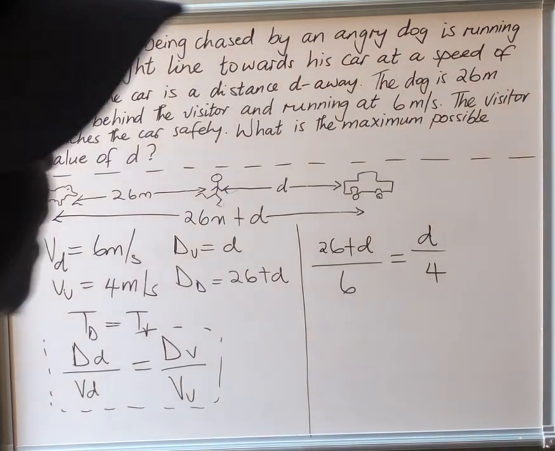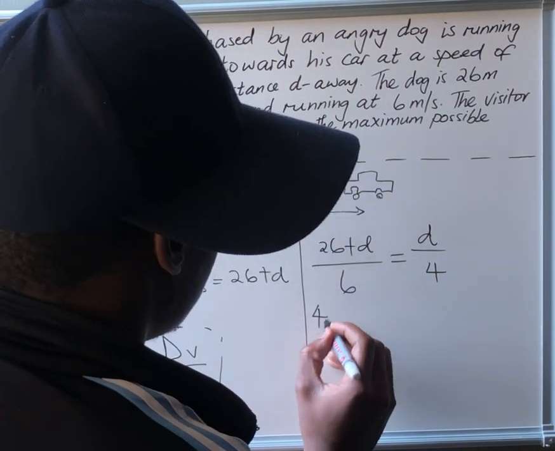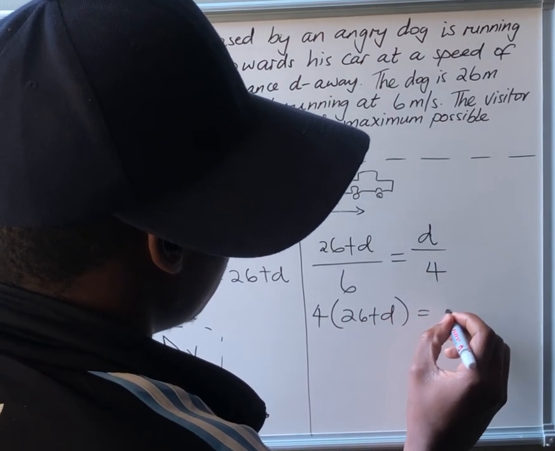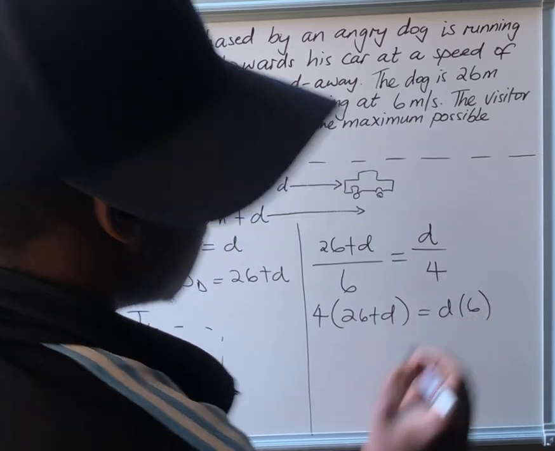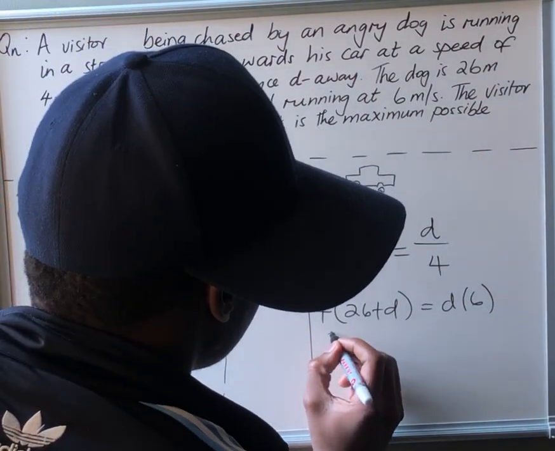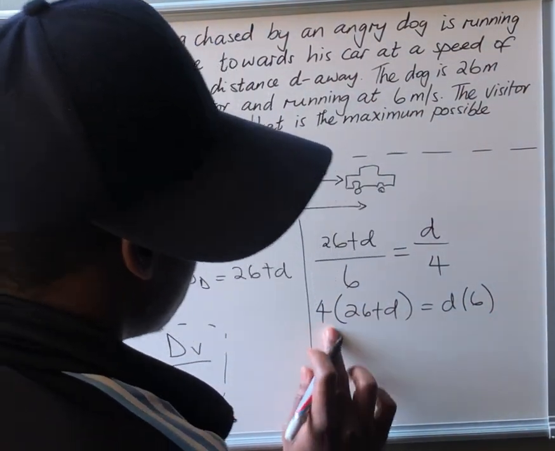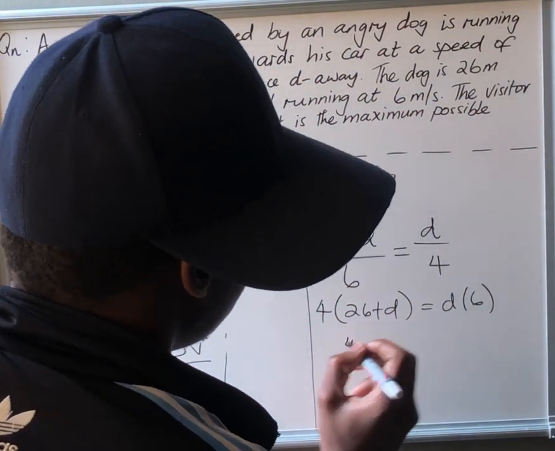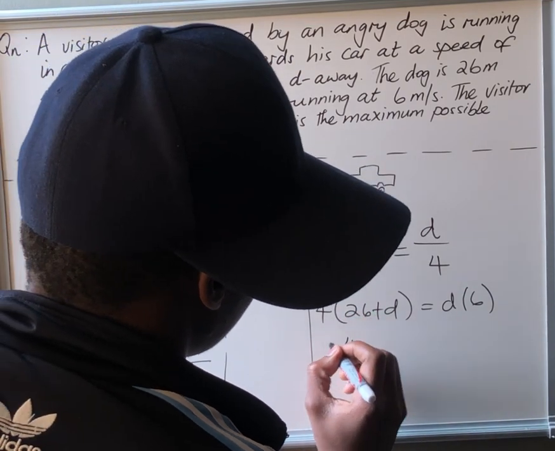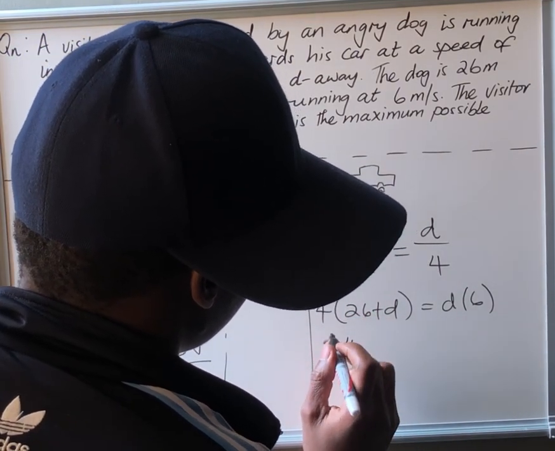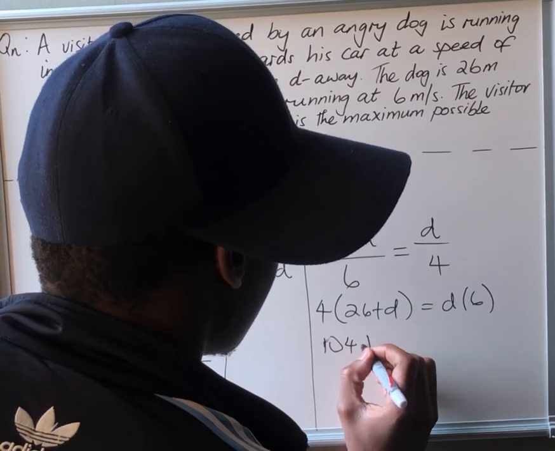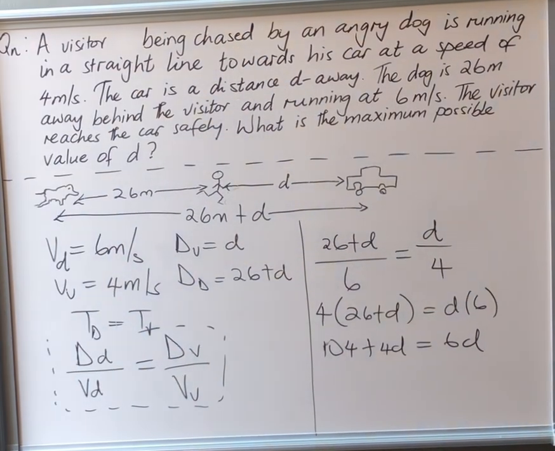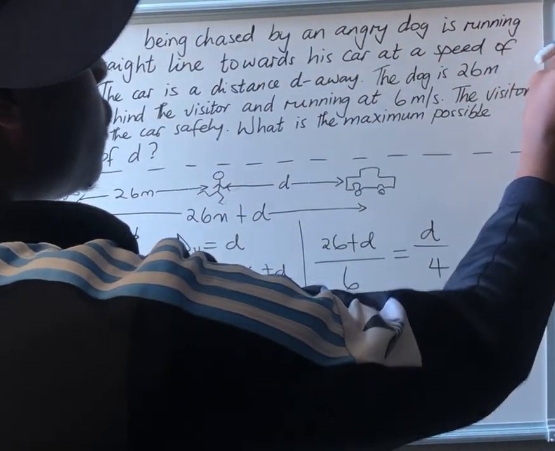If we cross multiply, we have 4 multiplying 26 plus d, which is equal to d multiplying 6. If we introduce this into the bracket, 4 times 6 gives us 24, 4 times 2 is 8, plus 2 is 10, so 104 plus 4d equals 6d.